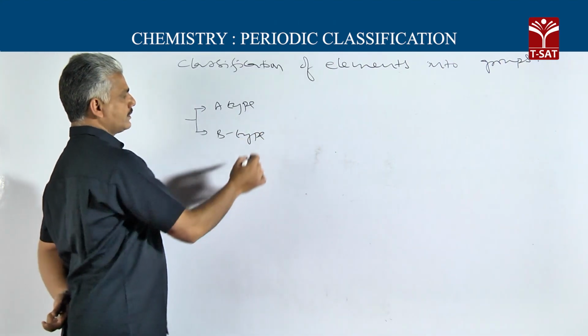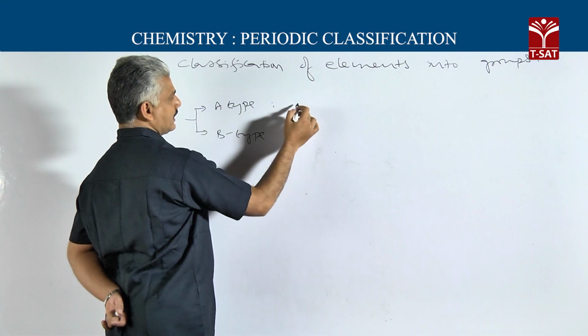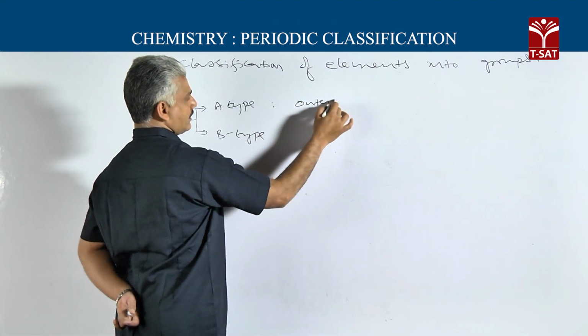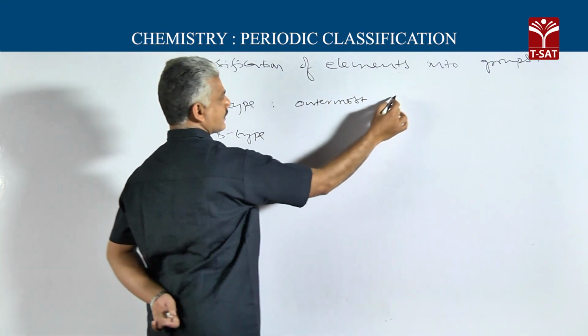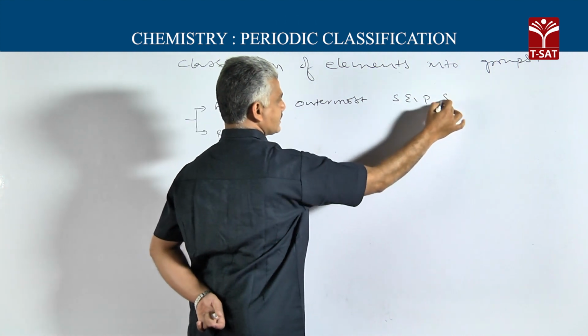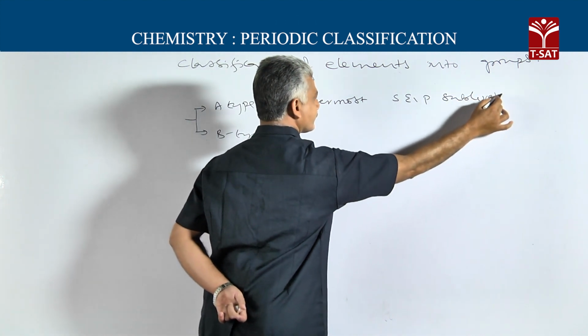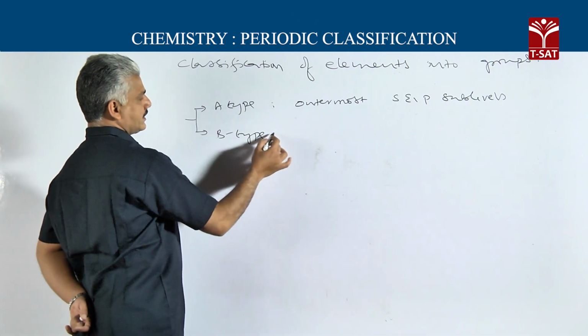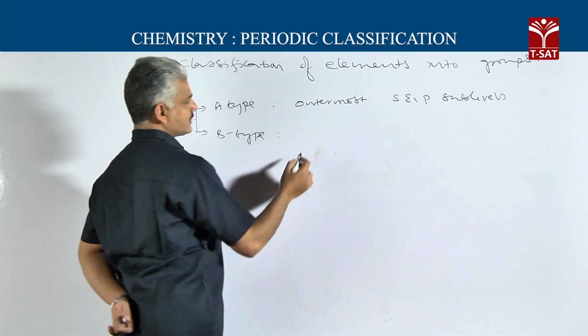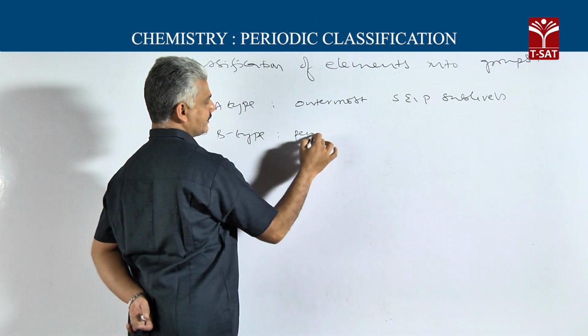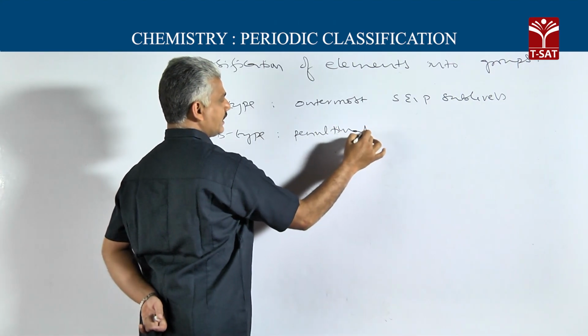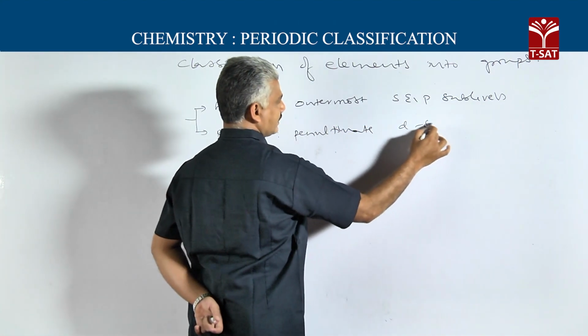In A type groups, the differentiating electron enters into the outermost S and P sublevels, whereas in B type groups, the differentiating electron enters into the penultimate D sublevel.